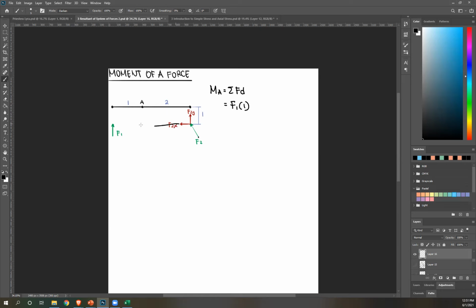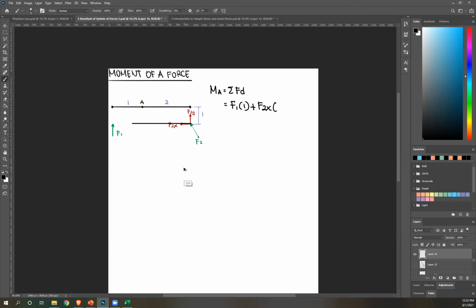Rotate F2x about A. Once again, that's clockwise, so positive F2x. Now to get the perpendicular distance, extend the line of action and take this perpendicular distance. As you can see, that's given. That's equal to 1. So F2x times 1.